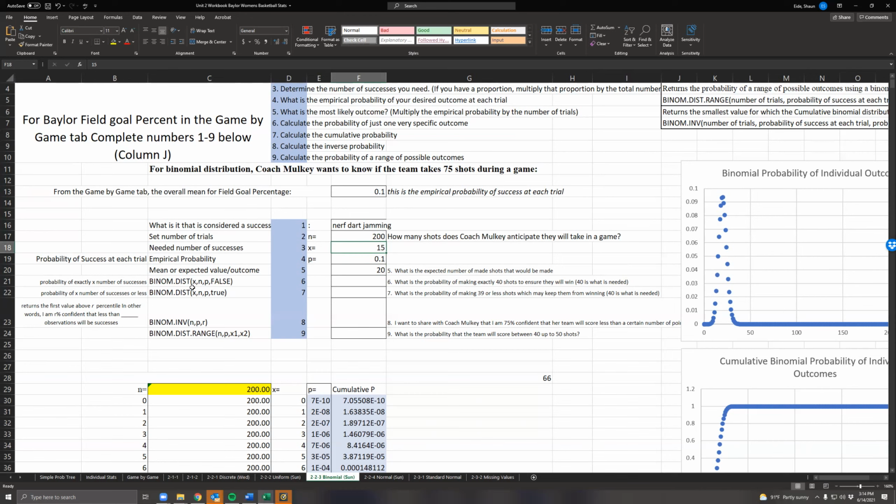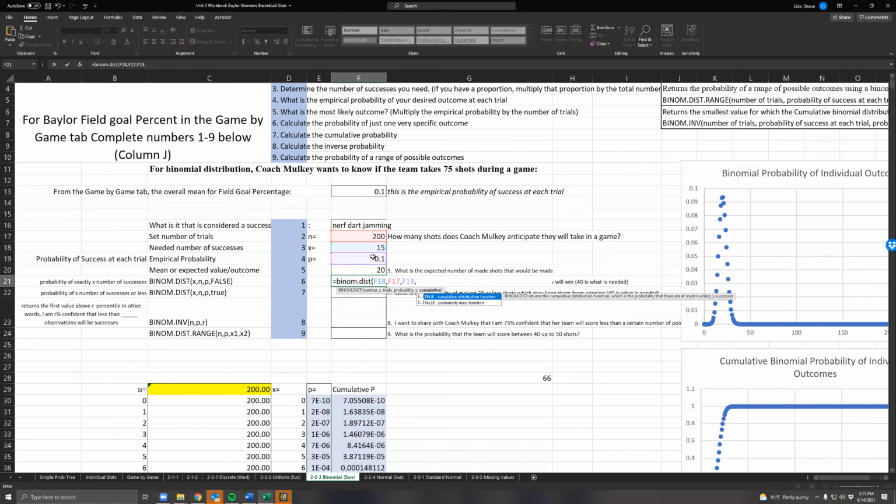What we're going to do here, somebody tell me what to do. Need to do the function first, so equals and then the binom dot dist. Binom dot dist. Okay. I was going to say I just click X and then whatever value is for X, I click that cell, and then comma N, and then comma P, and then false.